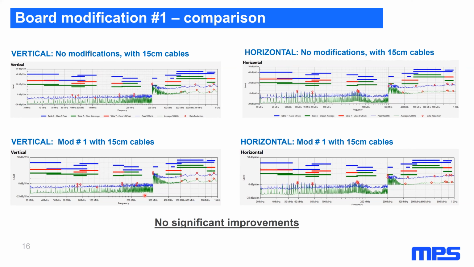If we look very closely, there's just not a whole lot of difference between these two plots. And when I look at the horizontal polarization, no mods is on top, and below it is the modification with shielding the input caps. It's not really a whole lot of difference here either. So overall, no significant improvements were found.